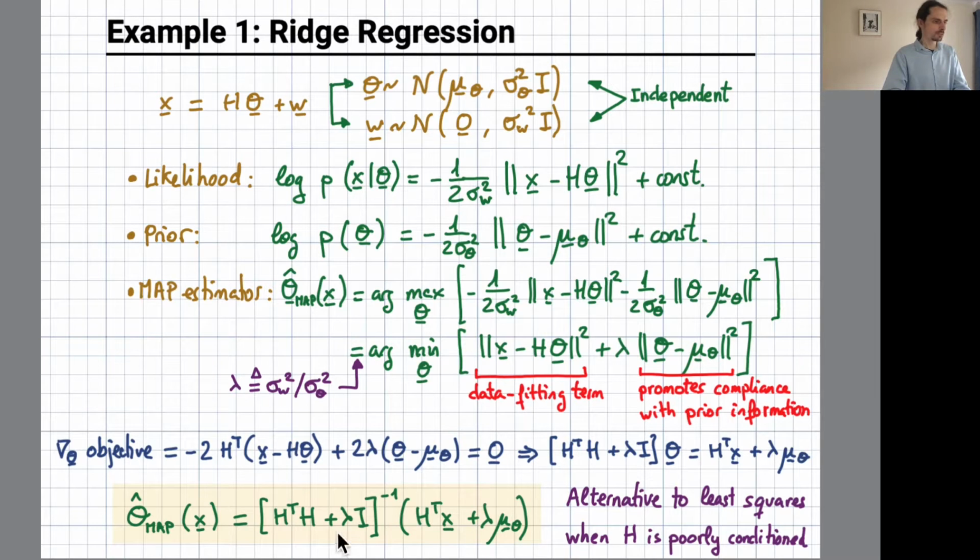So in practice, you don't need to have any genie giving you a prior distribution on theta. Whenever you are computing a least squares estimator, if you see those red or orange letters in MATLAB saying that the matrix you are trying to invert is poorly conditioned, then what you do is go there and add a scaled identity to that matrix.